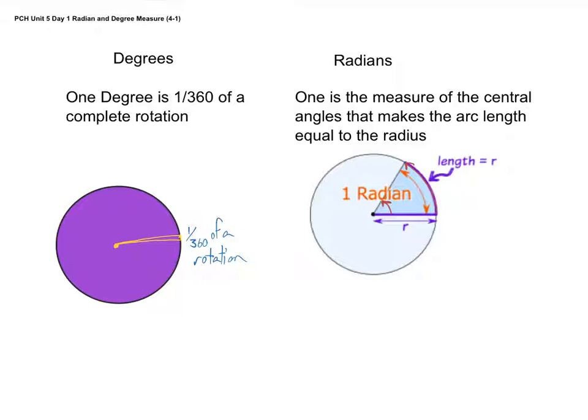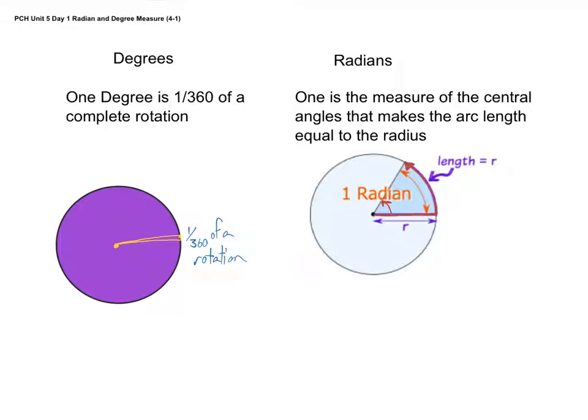Okay? Now obviously this distance along the circle is an arc. Okay, we actually call that arc length, and we'll be working with arc length later on here. Okay? But that arc length is the same as the radius of the circle.